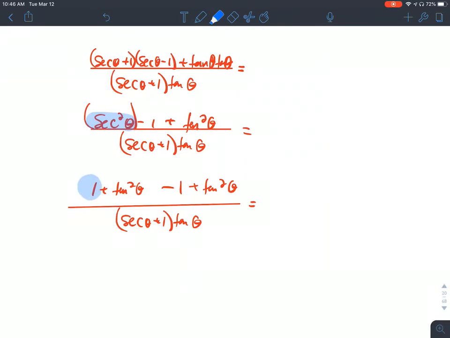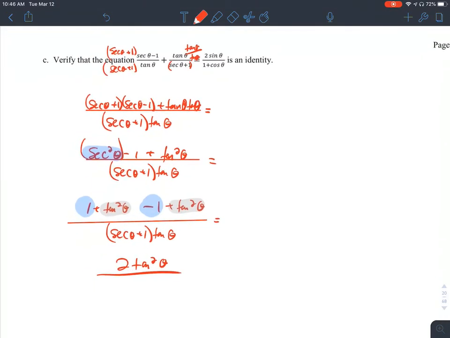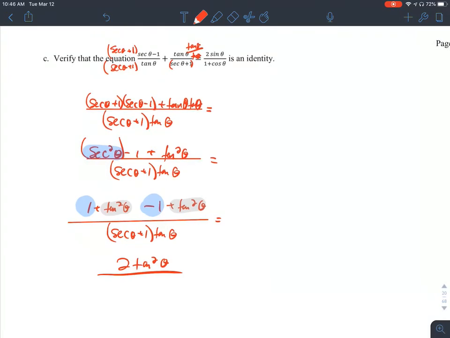We have a plus 1 and a minus 1. If you add those, you get 0. We have a plus tangent squared and a plus tangent squared. If you add that, you're going to get 2 tangent squared of theta. Now the reason that's pretty exciting for me, the right side of the equation had this 2 all along. I didn't know how I was going to get it, but we just got it.